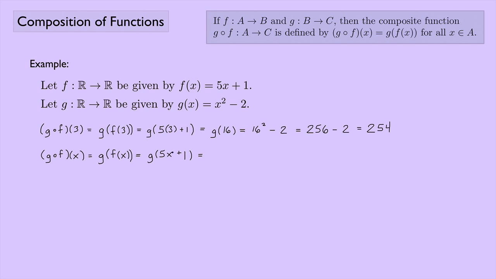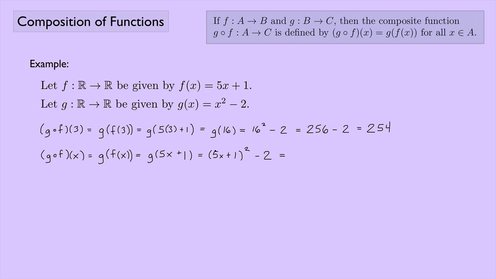And now g of 5x plus 1. Okay, so g of x is x squared minus 2. So g of 5x plus 1 is going to be the quantity 5x plus 1 squared minus 2. Just taking whatever's in here and replacing it with the x that's in the formula.